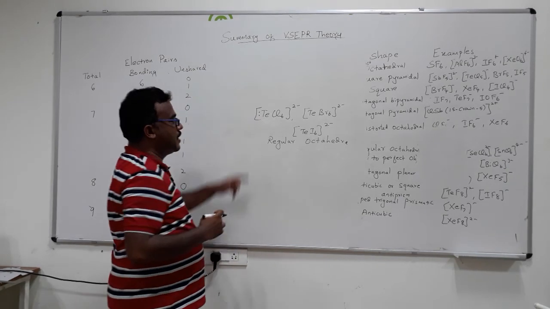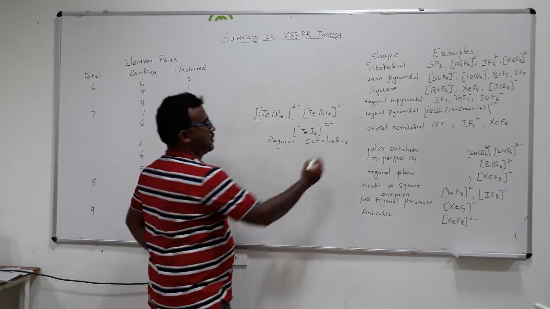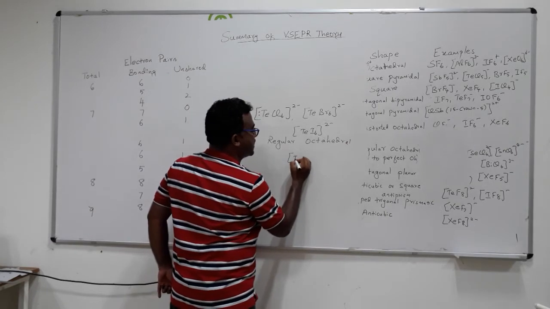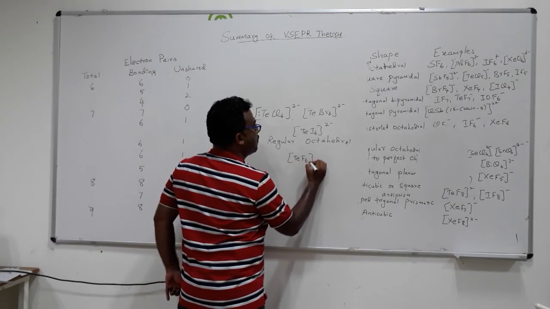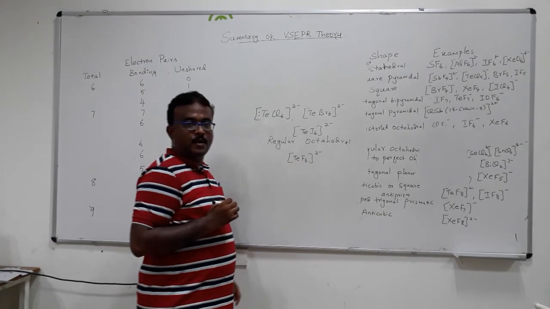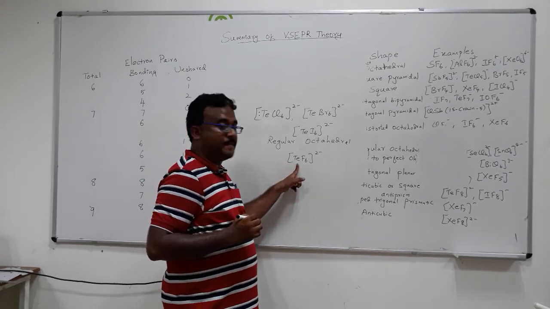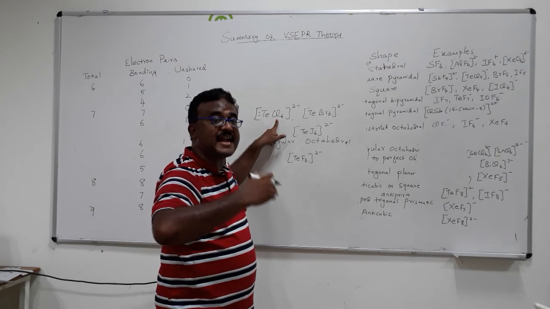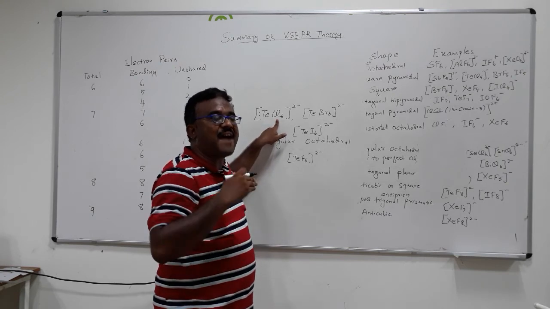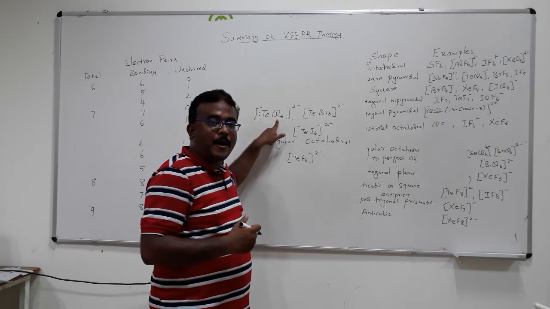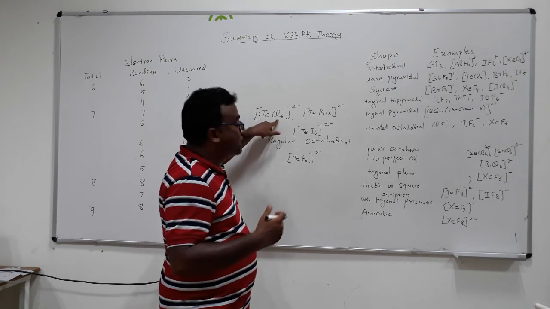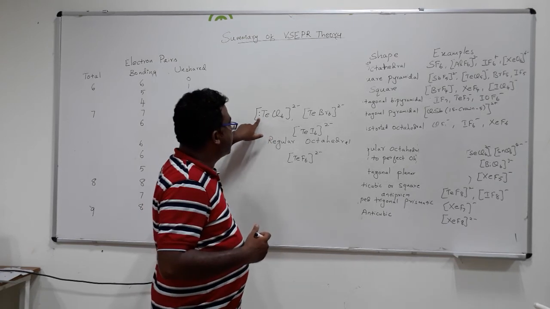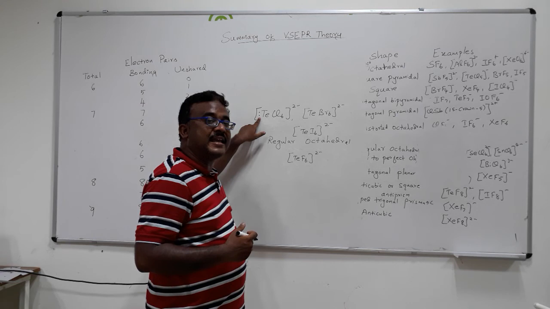So what happened? This one is known, but TeF6 2 minus is unknown, because here the size is the factor. When the size of the halogen atom increases, it has the ability to make the lone pair stereochemically inactive.